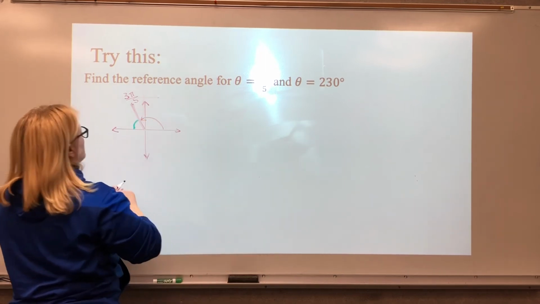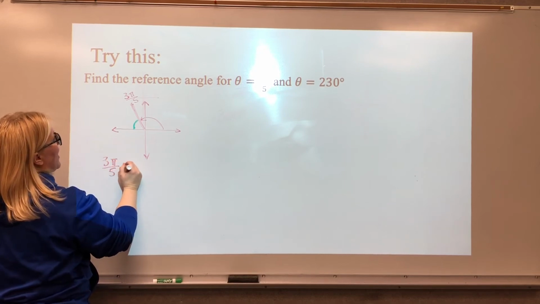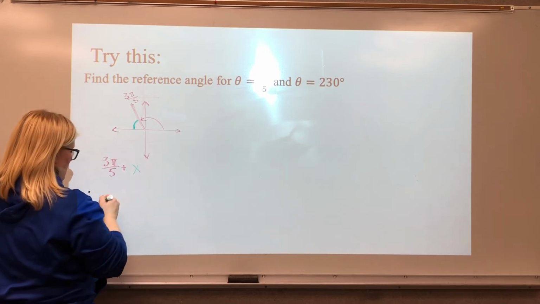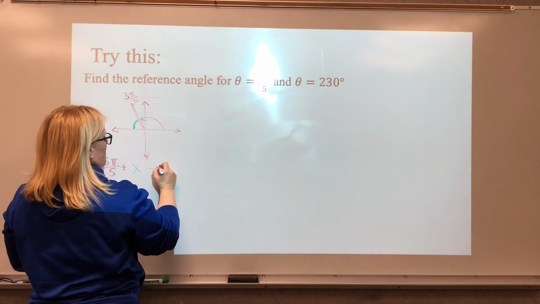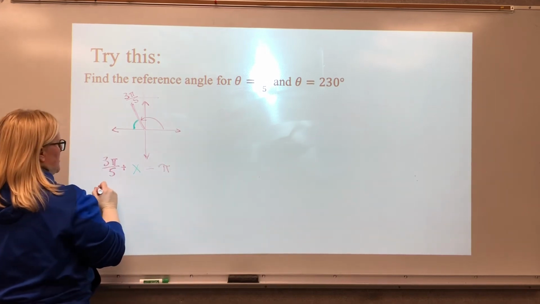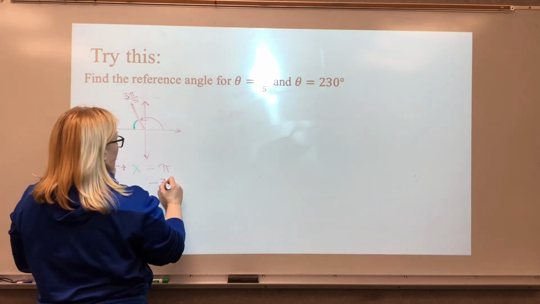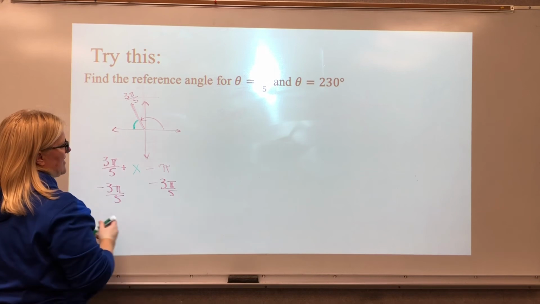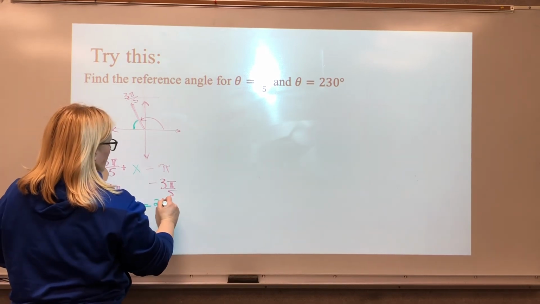This is going to be 3 pi over 5 plus my angle here is going to give me pi, my half circle. So if I subtract 3 pi over 5 from both sides, I am going to get x equals 2 pi over 5.